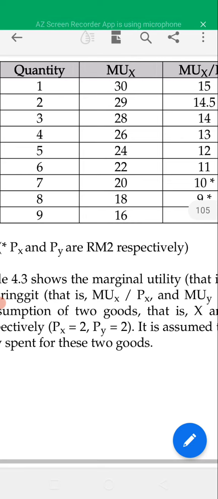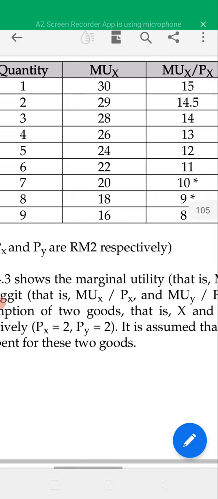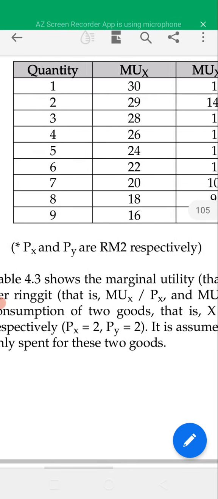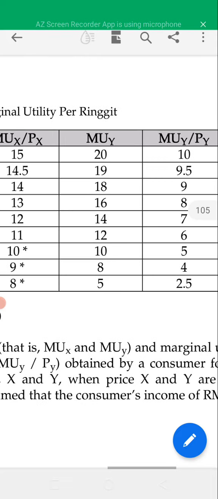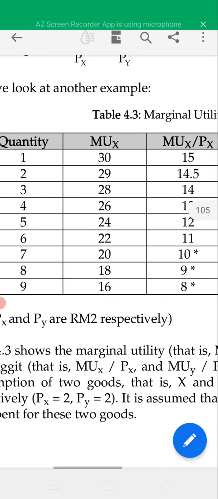So here we have another bundle which is 9X and how many Ys? So where there is 8, we have 4Y. So I hope you're writing that just to follow me. So it means we have 9X and 4Y. Okay, so we have 3. Do we have another one?